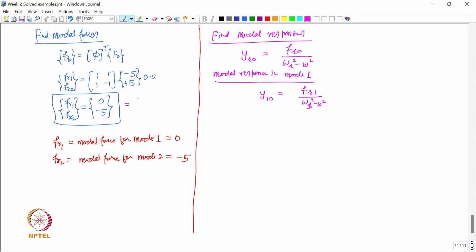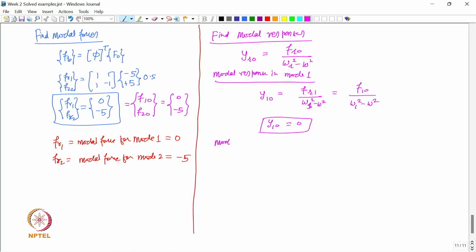I can write this as F10 upon omega 1 square minus omega square, just a little conflict of notation. So now if I substitute this here, of course F1 is 0, so clearly Y10 is 0. So the modal response of the first mode is 0, right.